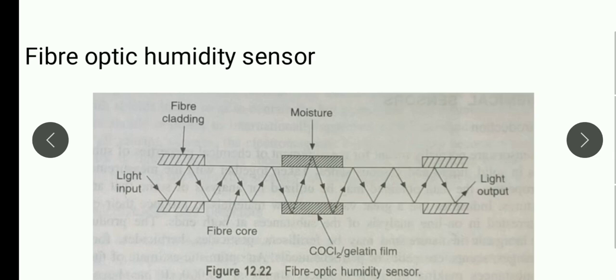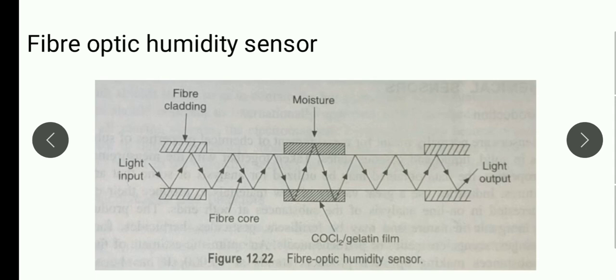Just to describe in two sentences this fiber optic humidity sensor: I have a core and a cladding, and at certain points I am removing my fiber cladding and replacing it with a cobalt chloride gelatin thin film. Since the refractive index of this thin film is greater than my core, the light can pass through the film. When the light passes through the film, the cobalt chloride salt particles turn pink.